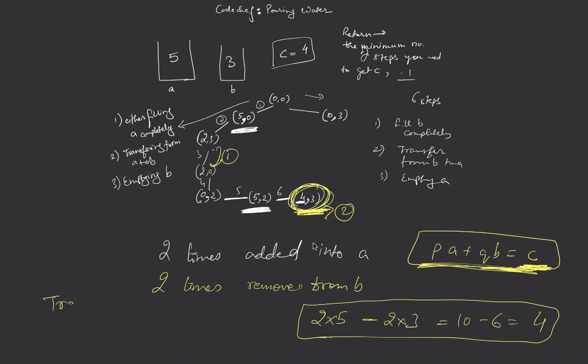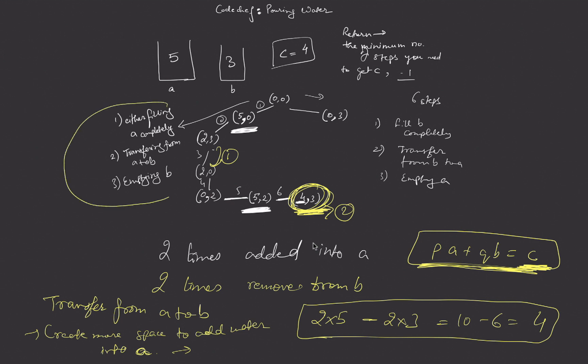And we transfer from A to B so that we can create more space to add water into A. And we remove from B so that we can create more space for A's water to transfer into B. So either we'll follow this strategy, that is fill A, transfer from A to B and remove from B, which corresponds to P positive and Q negative, or we'll follow this strategy that we fill B completely, transfer from B to A and remove from A, which means Q is positive and P is negative.